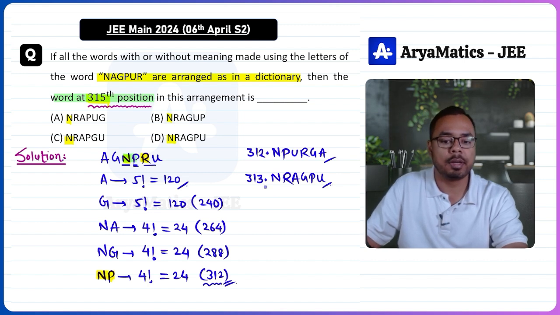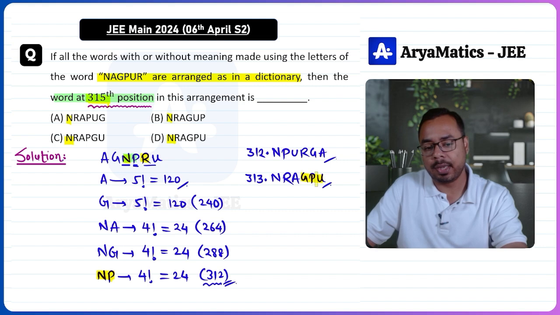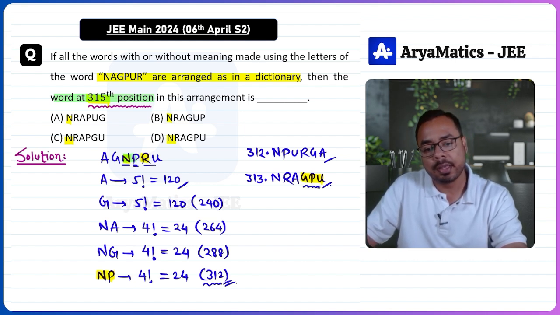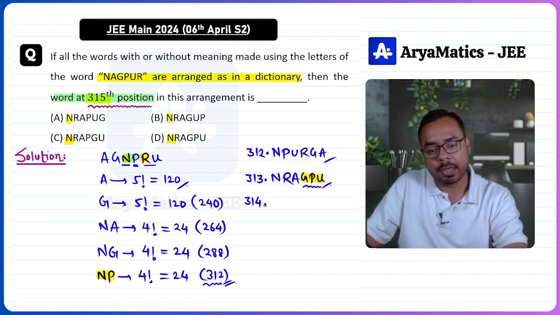This is the word on 313th place. Now, by interchanging these three letters, you can create the next six words. This is one word, and the next five you can create by just interchanging these three letters. So starting from 313, 14, 15, 16, 17, all the way up to 318.